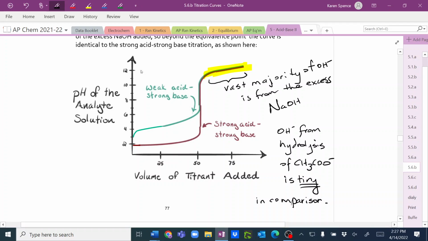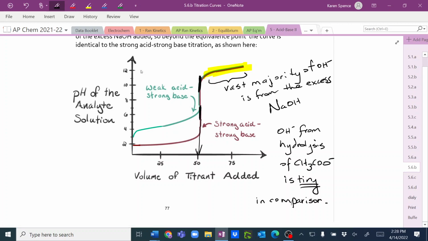Do you see how it shoots up? The volume is very similar whether you're at the beginning of this curve, at the beginning of the vertical portion, or at the end of the vertical portion. The volume is still 50 milliliters.